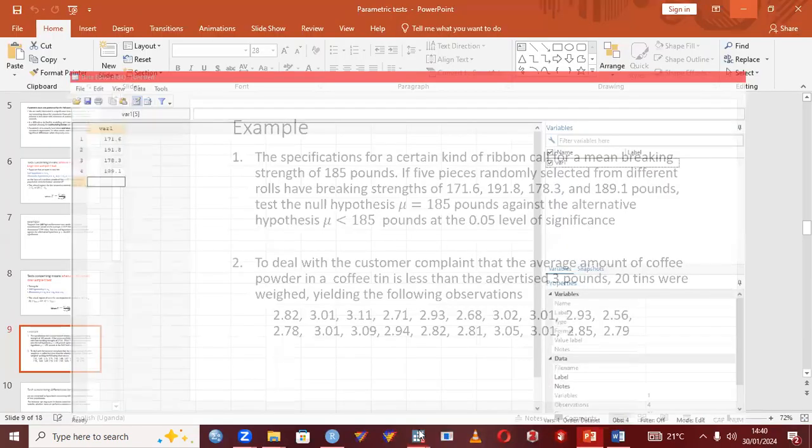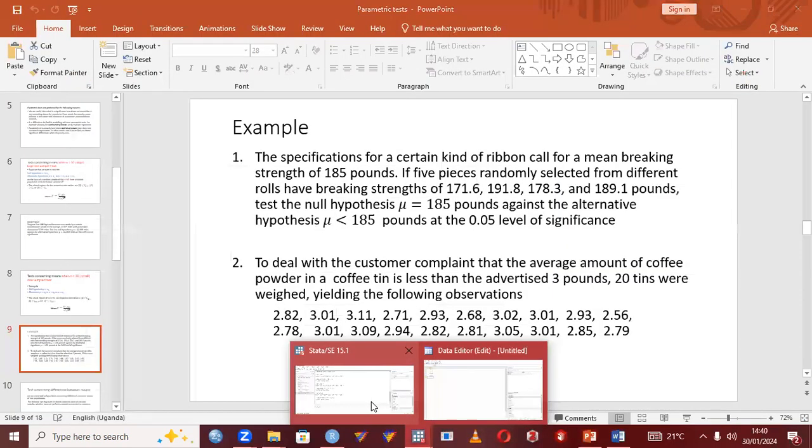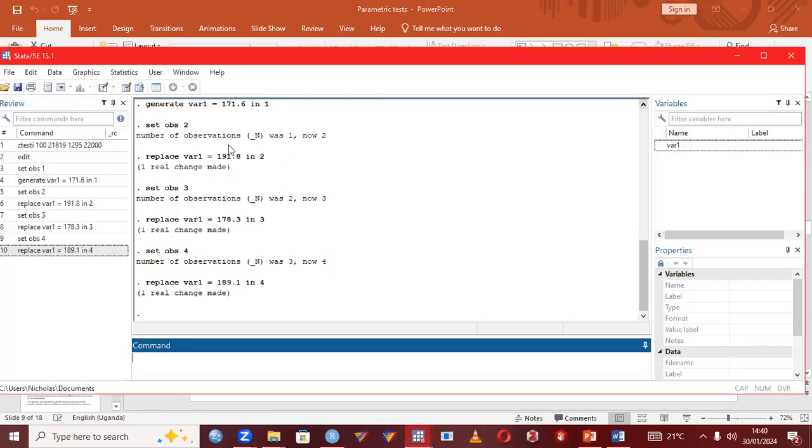So basically, these are my results which I have entered so far, and this is its variable name.